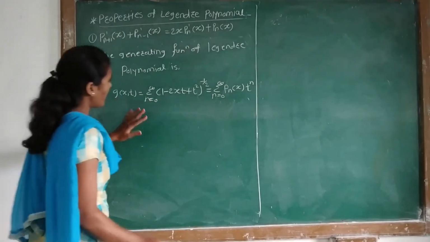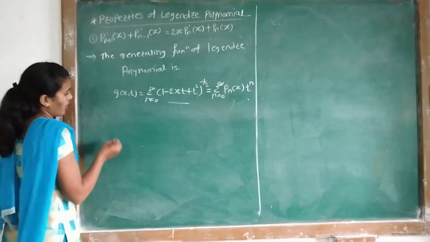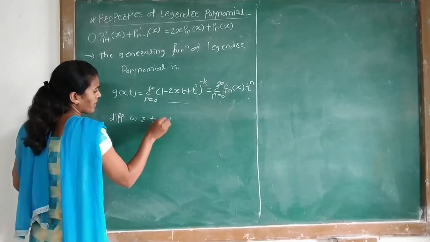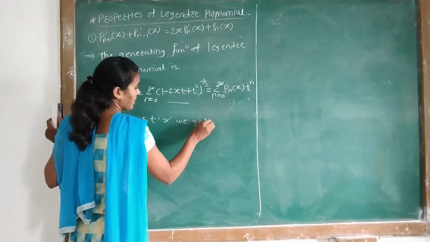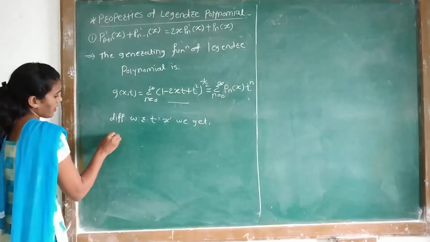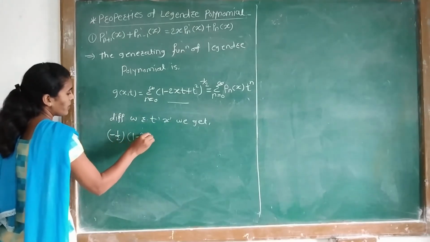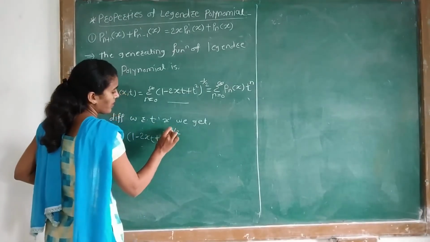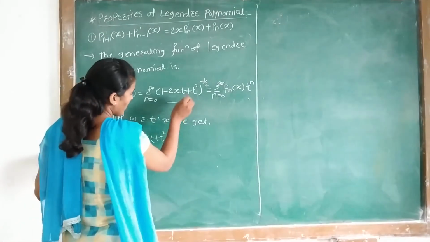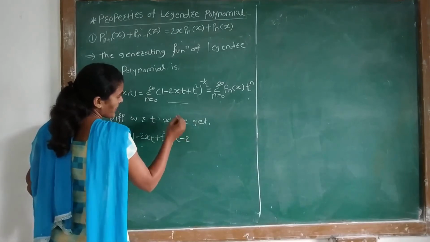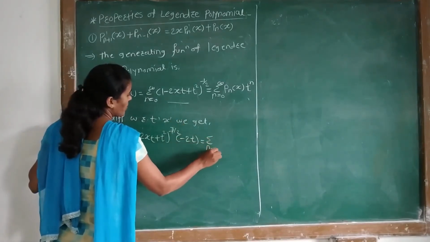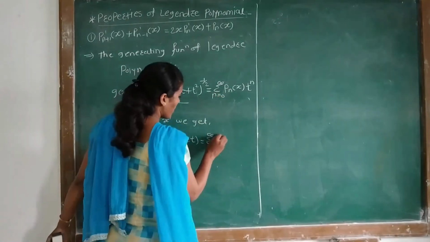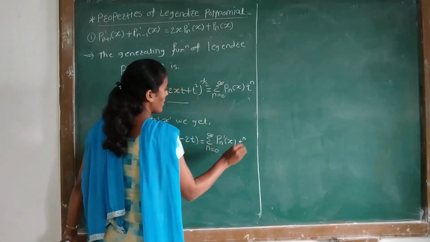How do we solve this? Differentiating this equation with respect to x, we get minus 1 half into 1 minus 2xt plus t square raised to minus 3 half, and the derivative of 1 minus 2xt plus t square with respect to x is minus 2t, equal to summation over n equal to 0 to infinity of the derivative of Pn of x with respect to x, which is Pn dash of x, into t raised to n.